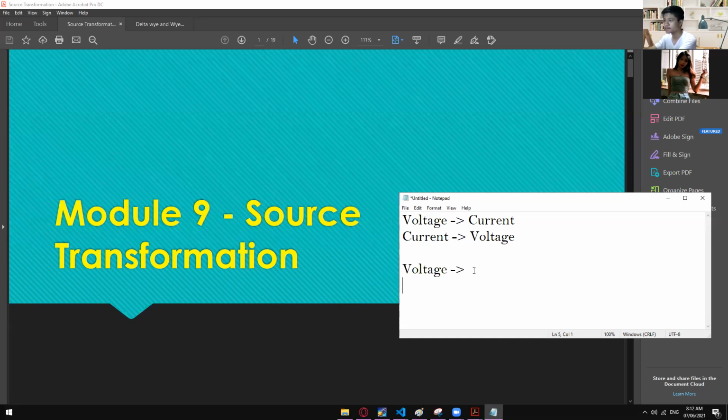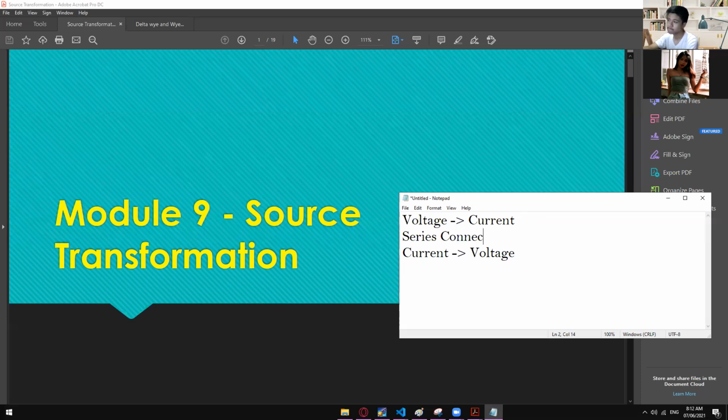All right. Another trivia: if we are going to transform voltage to current, what you need to apply is, initially, before you can transform a voltage into current, it must be in a series connection.